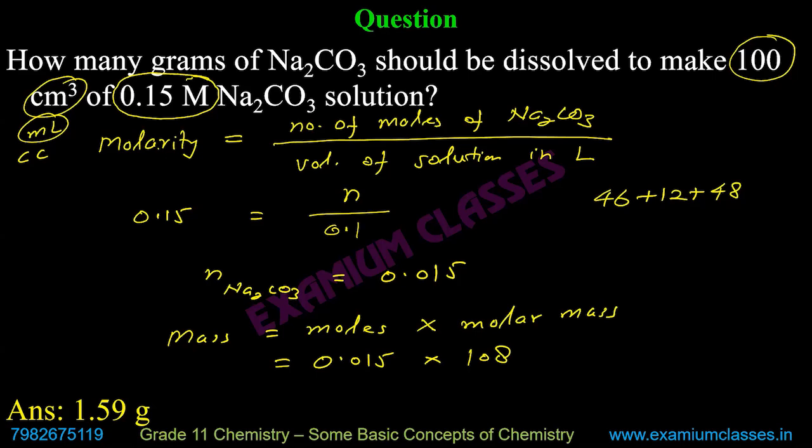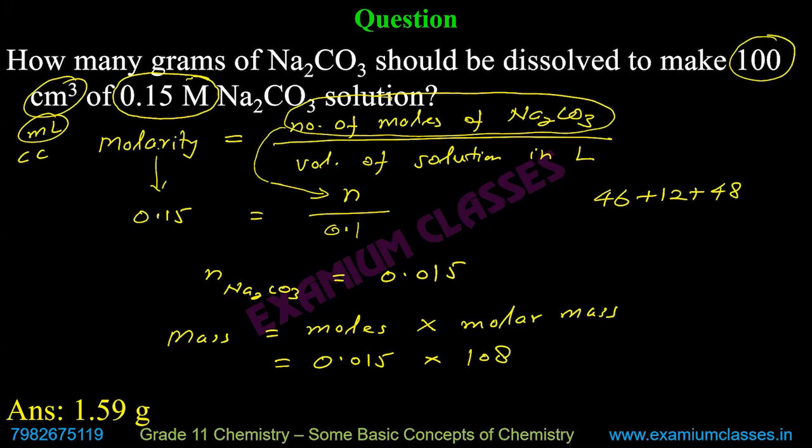Sir, how did you write n upon 0.1? Okay. To get the mass of Na2CO3, first I am trying to calculate the number of moles. So I have written this as n. Molarity is given as 0.15. The number of moles I have to calculate. I need the number of moles to calculate the mass.